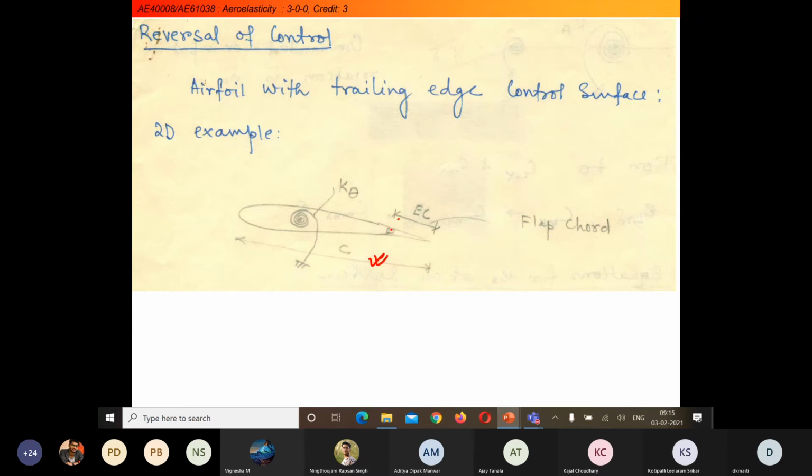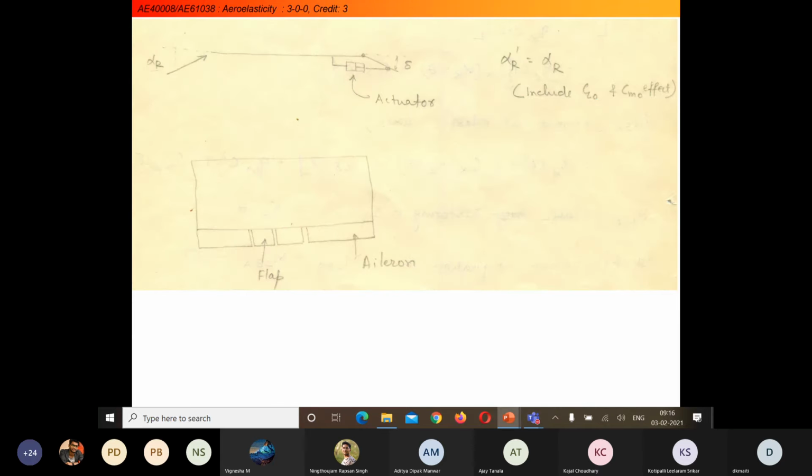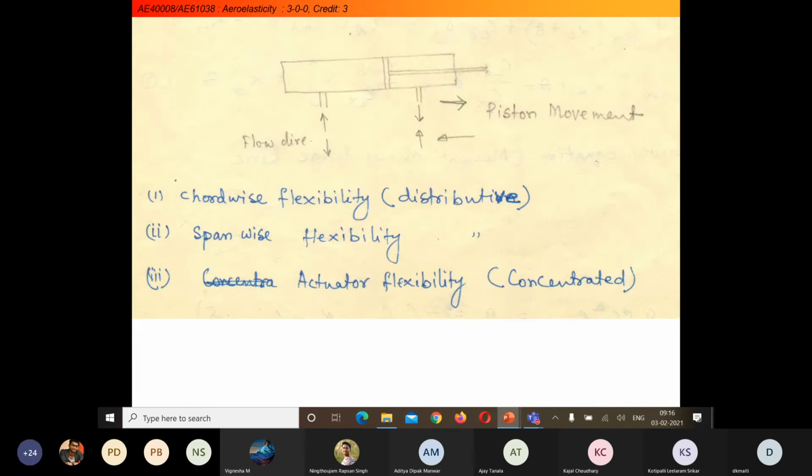In the earlier case we considered E as eccentricity, but in this case it is not eccentricity, it is the percentage of the chord length. E into C is the length of the control surface, and the remaining portion is the lift generating device.